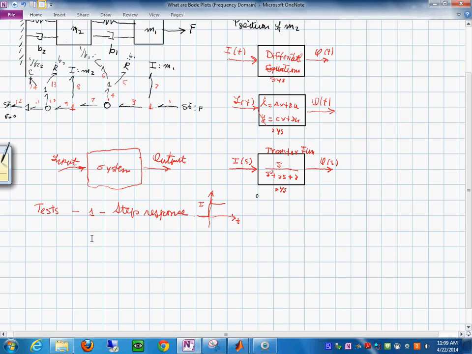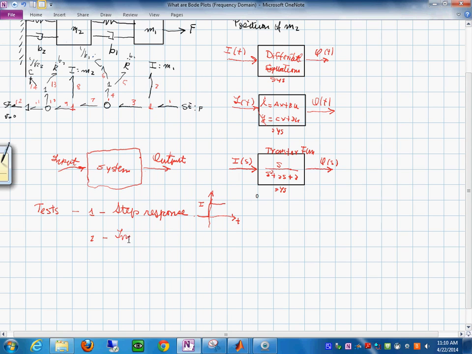I could also ask for impulse response, or you could say test number two, and this could be a step response, or you could do impulse response.